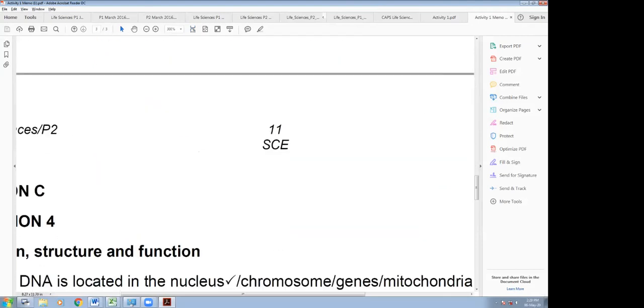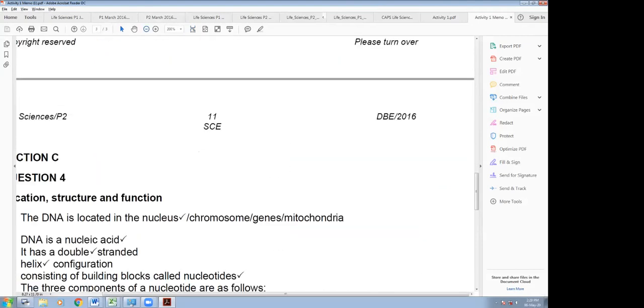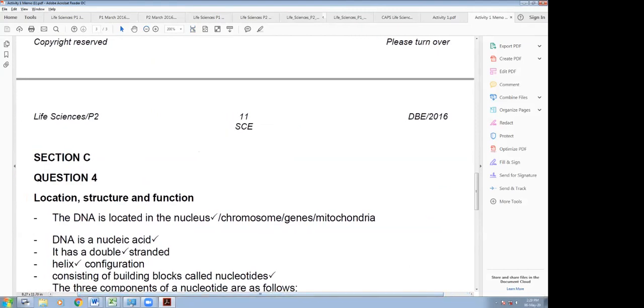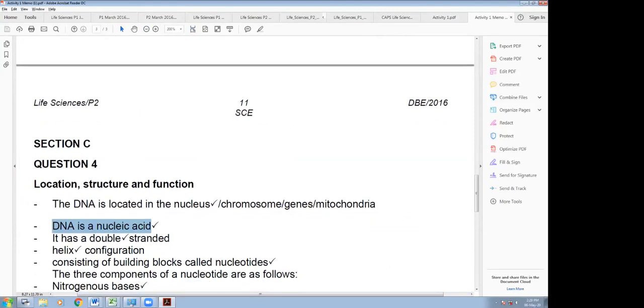We'll just look at that essay, the memo. Right, so it says DNA is located in the nucleus, or you could say chromosomes or within genes or in the mitochondria. They gave only one mark for that. It's a nucleic acid. We didn't say that. It falls under the group nucleic acid. There's two that we learn about, DNA, deoxyribonucleic acid, and RNA, which is ribonucleic acid.